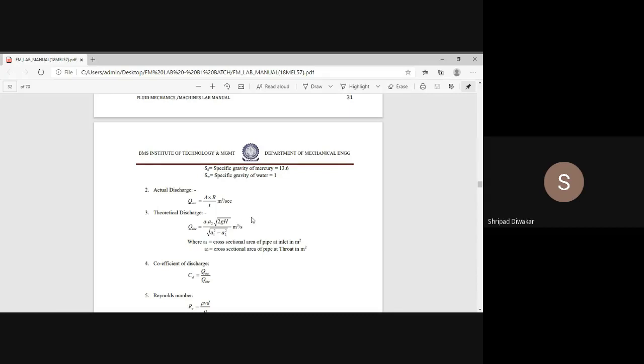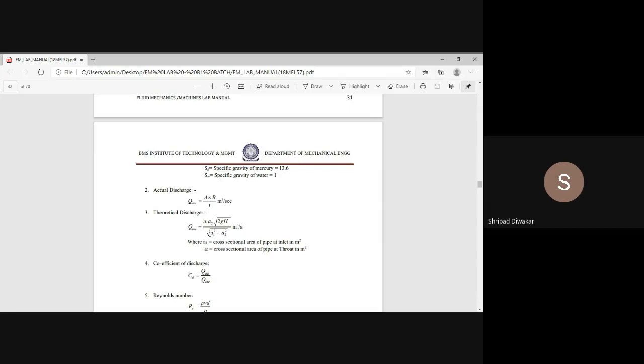Next, theoretical discharge is A1 A2 square root of 2gH divided by square root of (A1 square minus A2 square). A1 is the cross-sectional area of the pipe at inlet. That is pi by 4 into (25 by 1000) whole square. So don't take 25 mm. You have to convert mm into meter. So pi by 4 into 0.025 square.